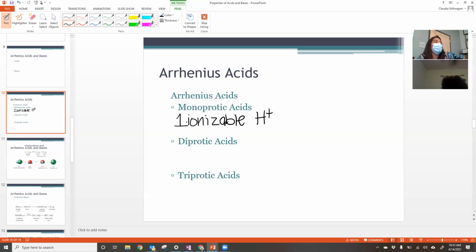The suffix "able" means ability. You guys been up here for a rainstorm? They're pretty loud. So ionizable means the ability to lose an ion, here meaning hydrogen. As fancy as that word is, it basically means it can lose 1 hydrogen. That's what it means in common language. A monoprotic acid is going to lose 1 hydrogen.